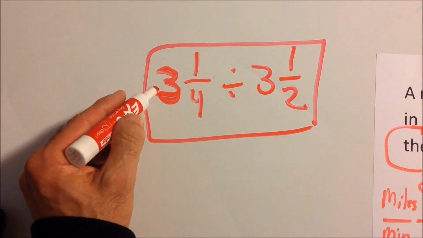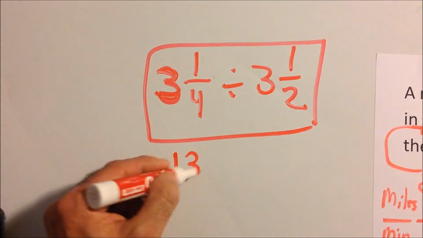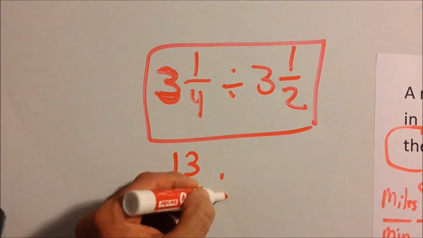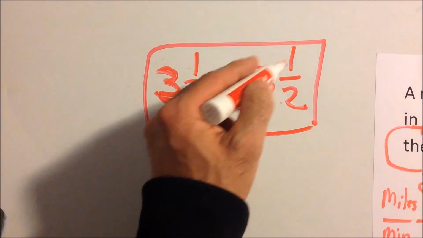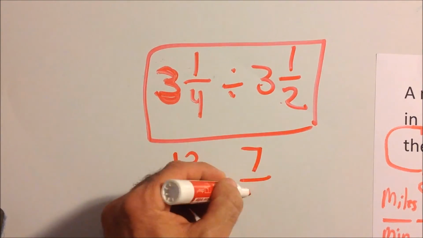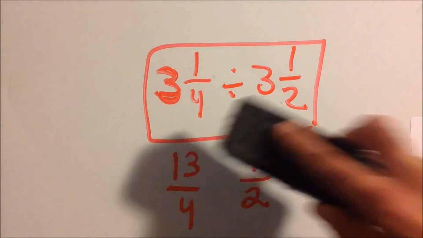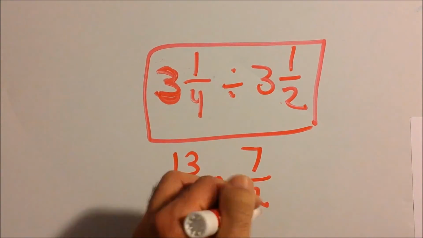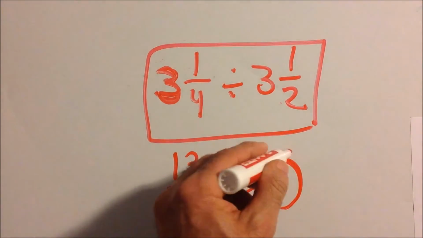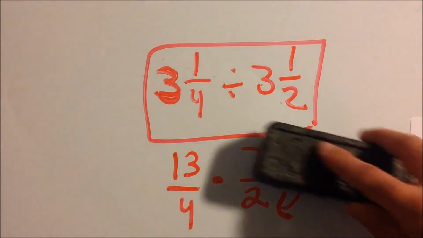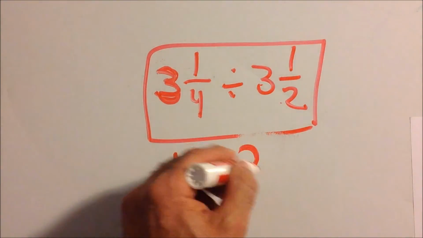So 4 times 3 is 12 plus 1. We have 13 over 4 divided by 2 times 3 is 6 plus 1 is 7, 7 over 2. And remember, we have to flip the fractions when we do division. So this now will turn into multiplication, and we get the reciprocal. We're going to flip the last fraction. Now we have 2 over 7.